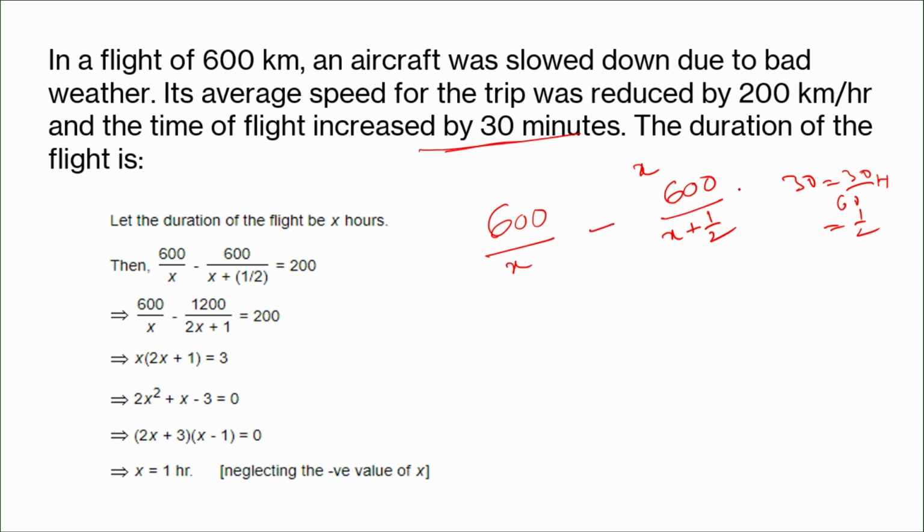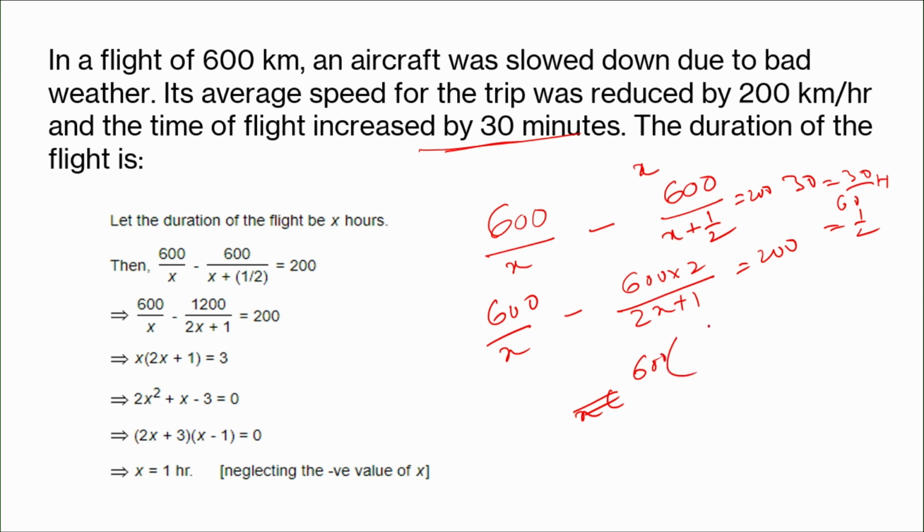The difference of these two speeds is 200, so 600 by x minus 600 by x plus 1 by 2, which becomes 600 by 2x plus 1, is equal to 200. Taking 600 common, 1 by x minus 2 by 2x plus 1 is equal to 200 by 600, that is 1 by 3.